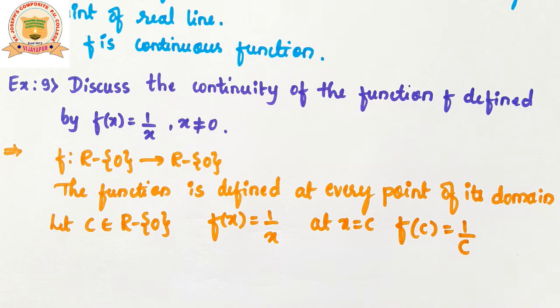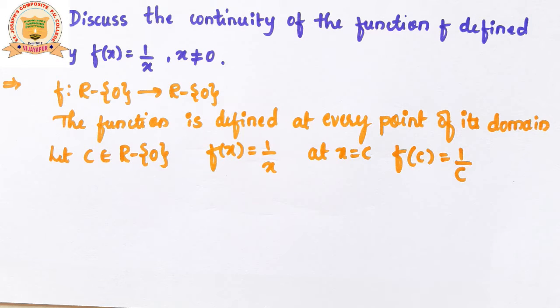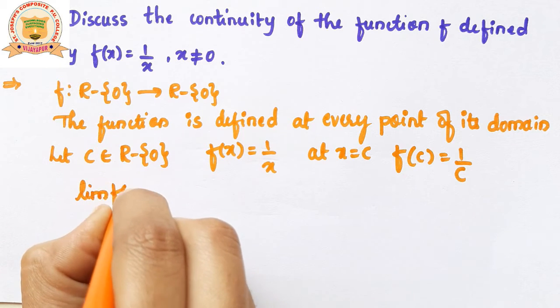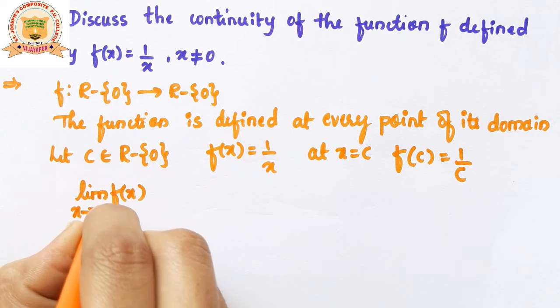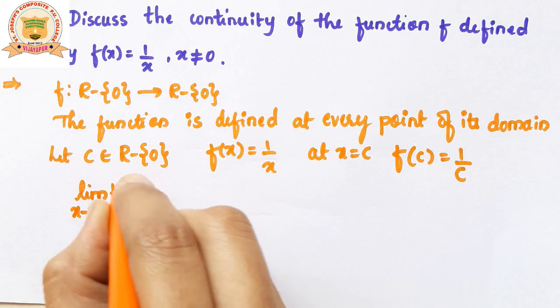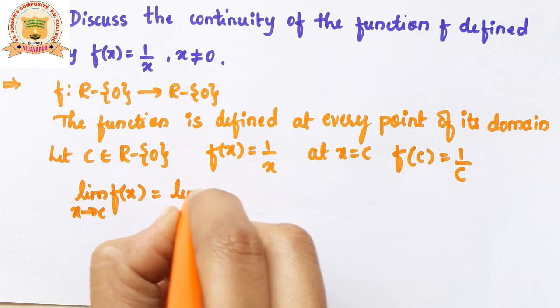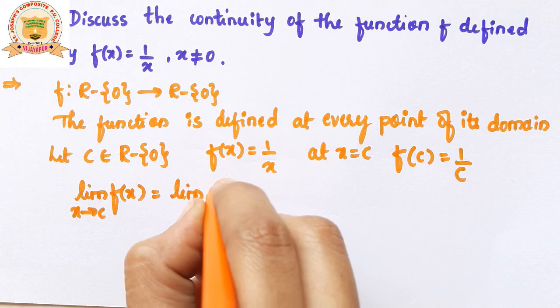Next, we have to check the limit of the function as x tends to c. That is, limit of f of x as x tends to c is equal to, what is the f of x value for all the real numbers? It is 1 by x. In place of f of x, we substitute 1 by x.